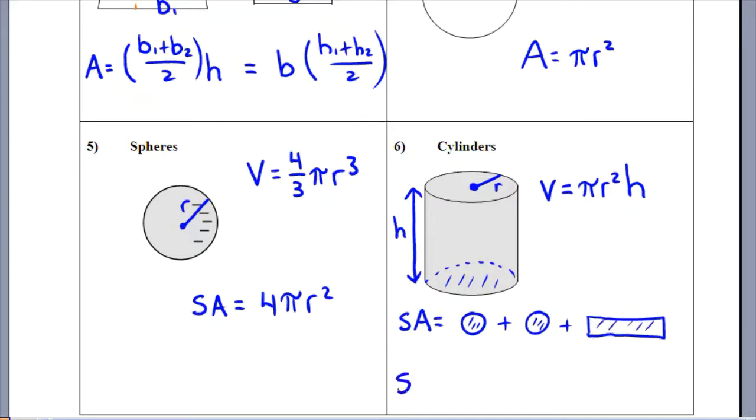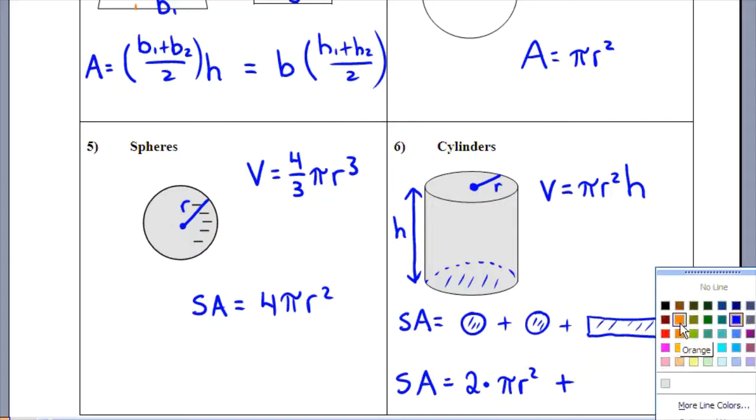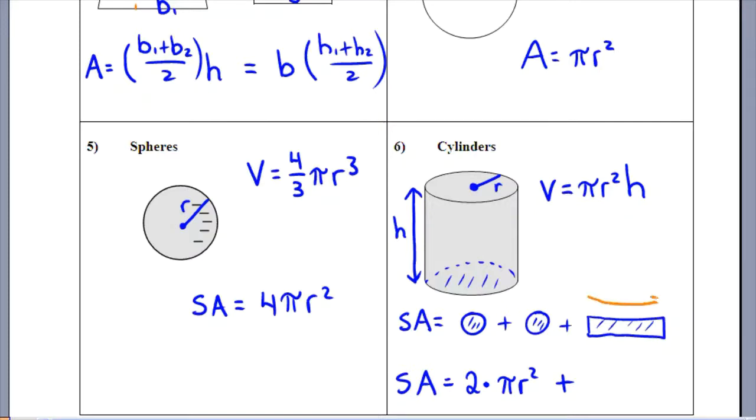So the surface area for a cylinder, you have a couple of circles, so 2 pi r squared, plus this rectangle. The rectangle is 2 pi r for its distance this way as it wraps around the can, and then it's h tall. So this last term ends up being 2 pi r h. It's got to be committed to memory.